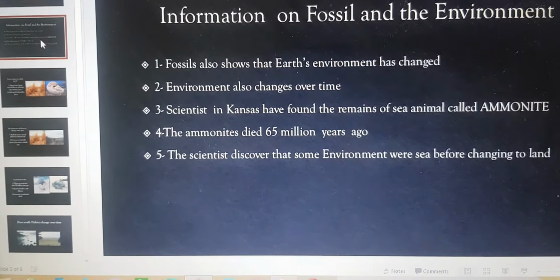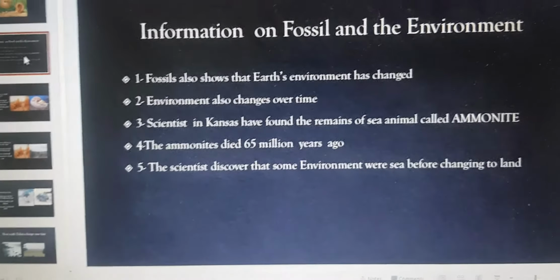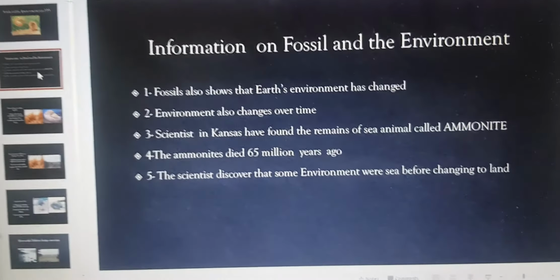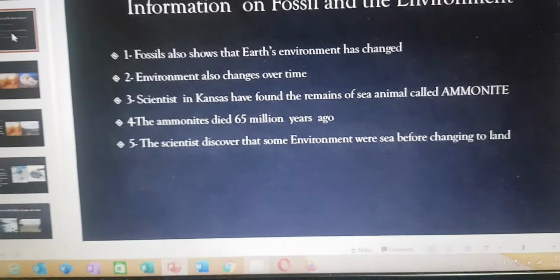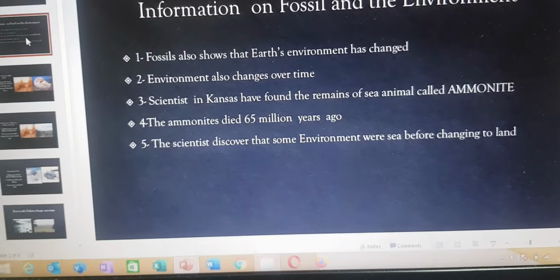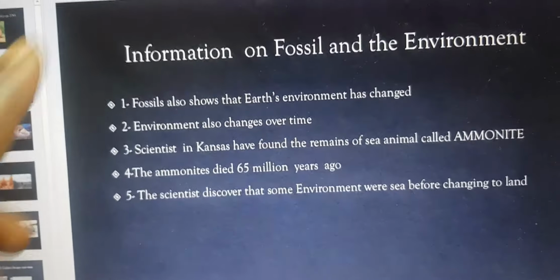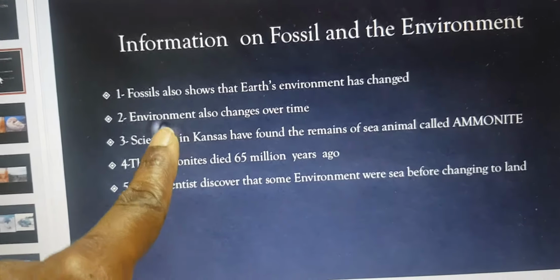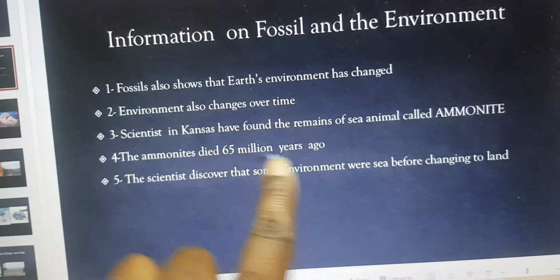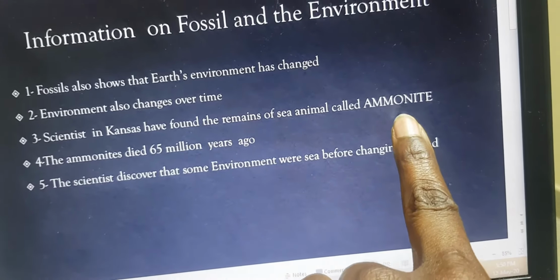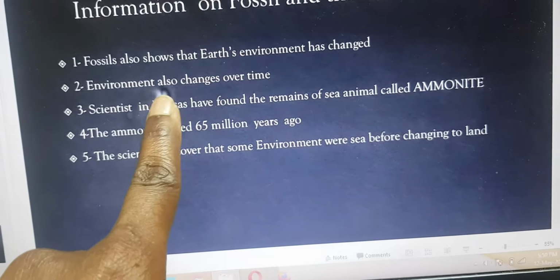Now, fossils also show the Earth's environment has changed. Environment also changes over time. And the paleontologist, don't forget, the paleontologist, which is the scientist, found the remains of a sea animal called an ammonite. They found it in the environment called Kansas.